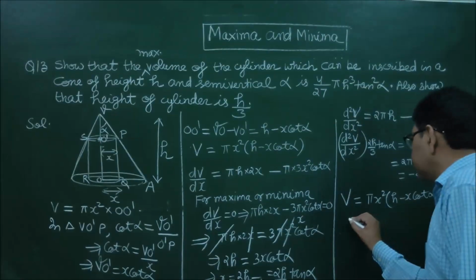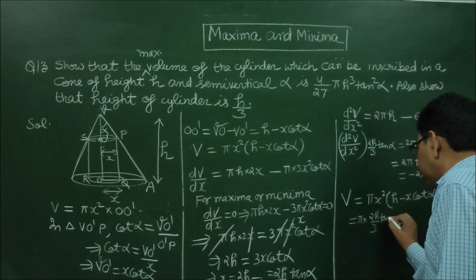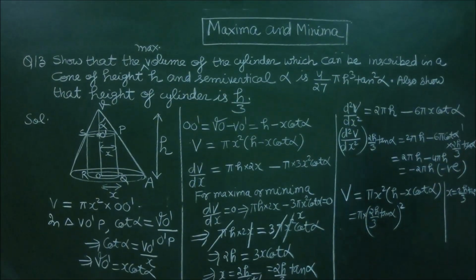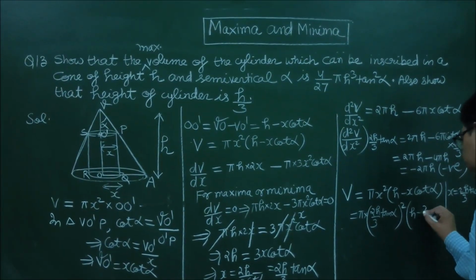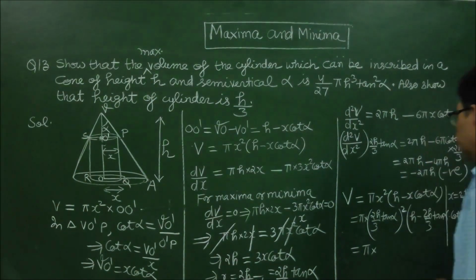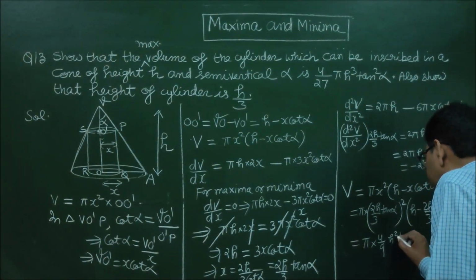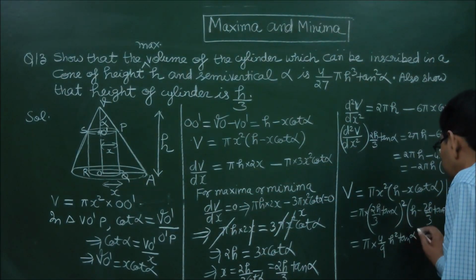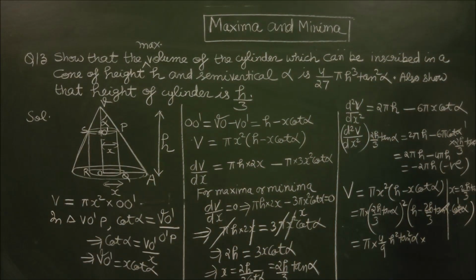So it is pi into 2h by 3 tan alpha whole square, into h minus 2h by 3 tan alpha into cot alpha, which is equal to pi into 4 upon 9 h square tan square alpha, and here tan alpha and cot alpha cancel, and h minus 2h by 3 is h upon 3.